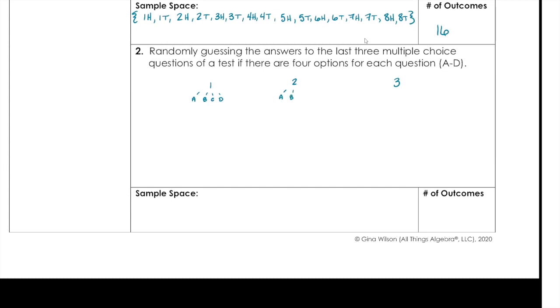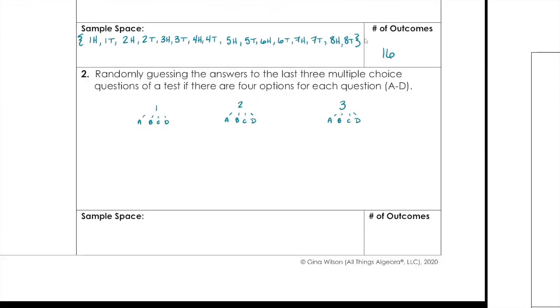A, B, C, draw your line first. C or D for the second one. And again for the third one, A, B, C, or D. So in those 3 questions, I have all of those possibilities.